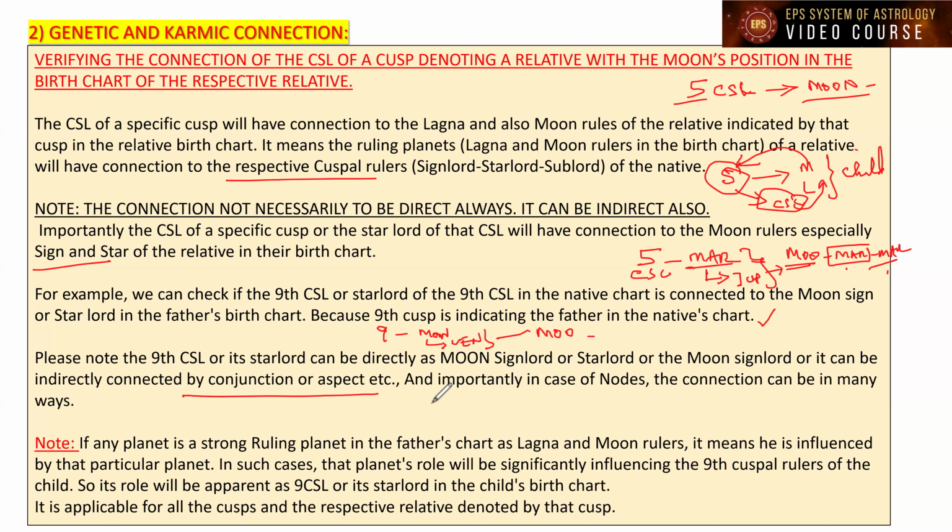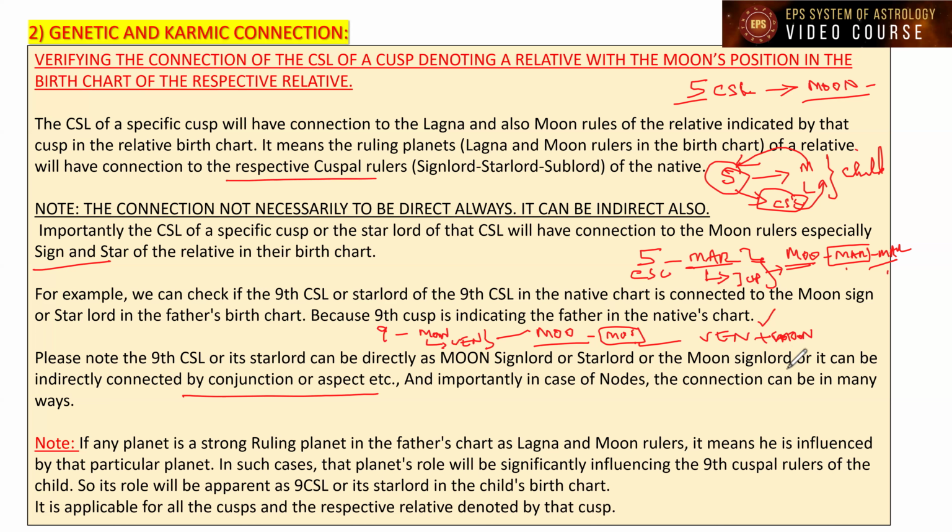It means that the ninth sublord is Moon in the star of Venus. That Moon may be in the sign of the moon itself, or Moon in the star of Venus, that is direct. Or Moon in the star of Venus, and that Venus is conjoined with the moon or is aspected by the moon.